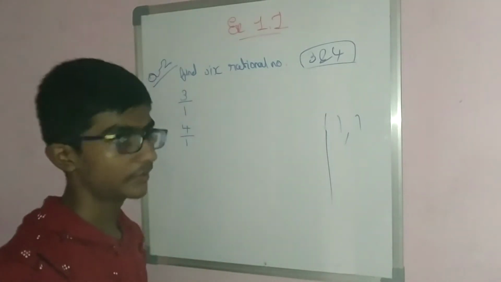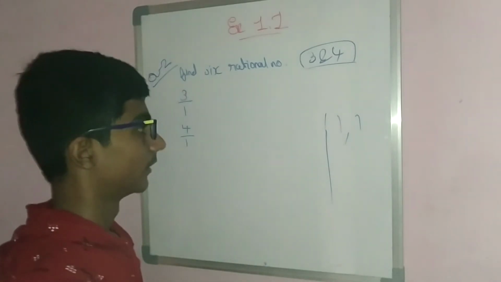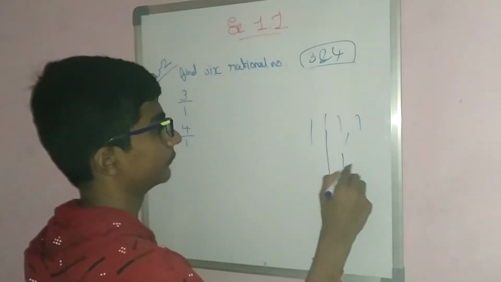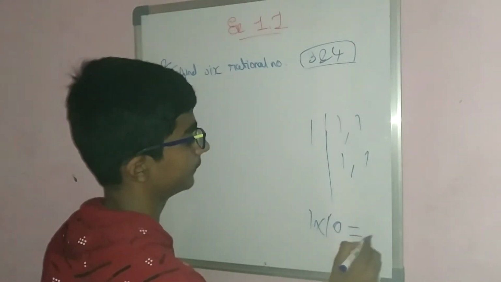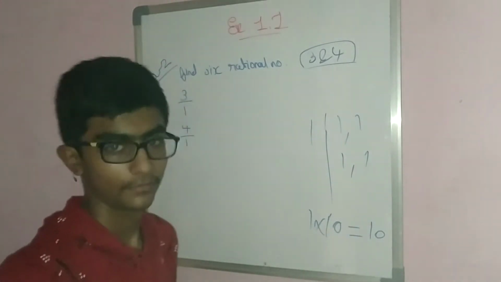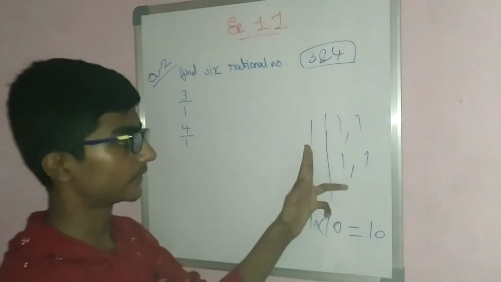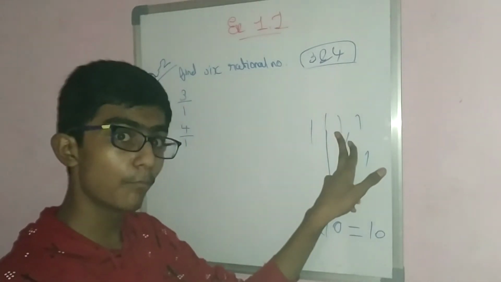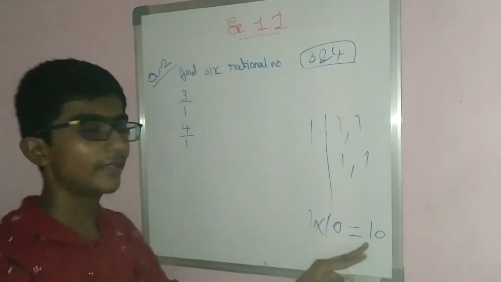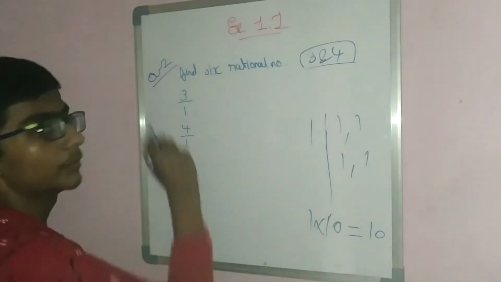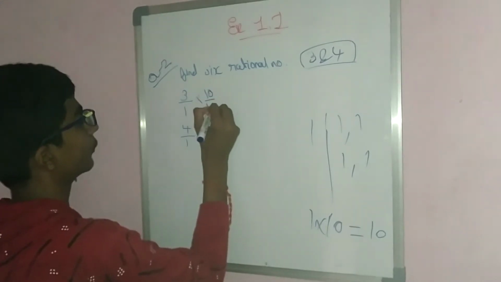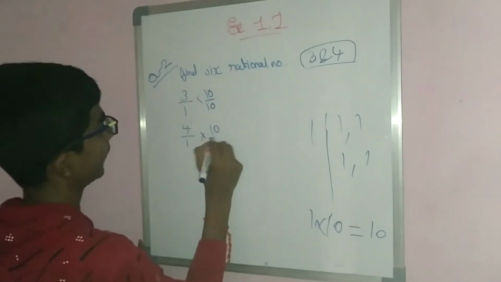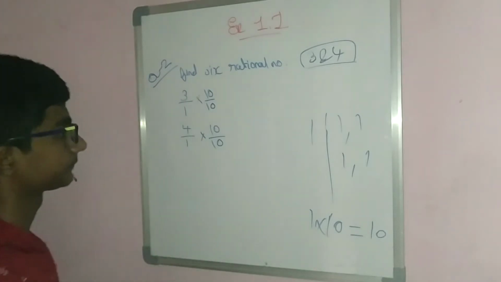For your simple understanding, I am showing the LCM. 1 and 1 LCM is 1. If the LCM is same as the number, then we have to multiply it by 10 upon 10. So 3 multiplied by 10 upon 10 and 4 multiplied by 10 upon 10.